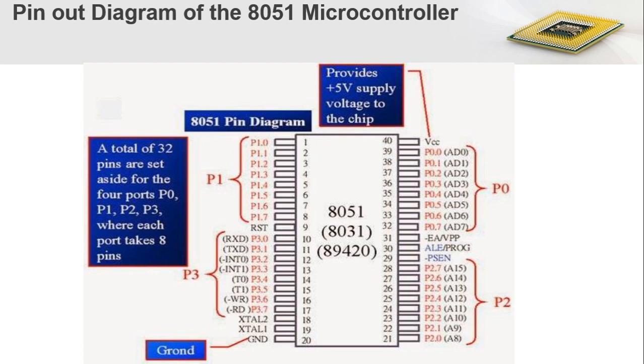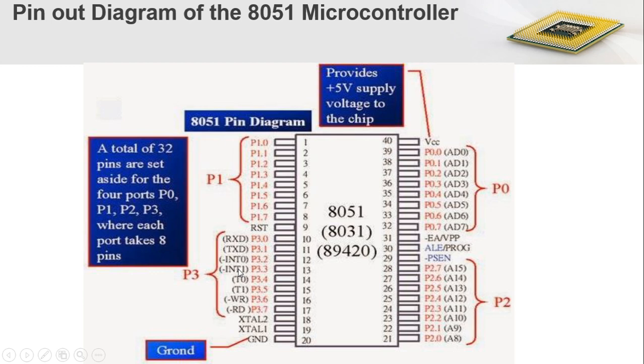Okay, and next are the 10th and 11th pins. These two pins are associated with the serial interface unit, which indicate serial mode of transmission and reception. And the 12th and 13th pins indicate interrupt signals.